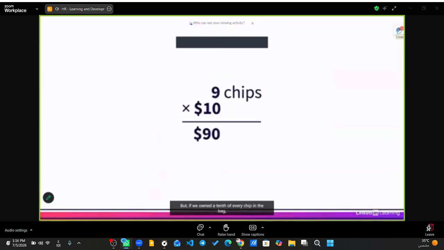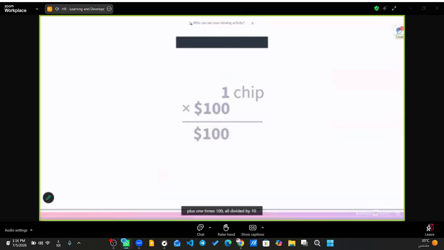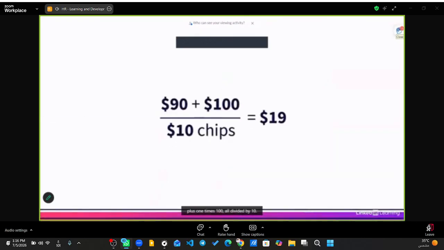But if we owned a tenth of every chip in the bag, if you could buy one piece of every single one of those 10 chips, the value of your average chip would be 9 times 10 plus 1 times 100, all divided by 10, meaning that your average chip would have a value of $19.